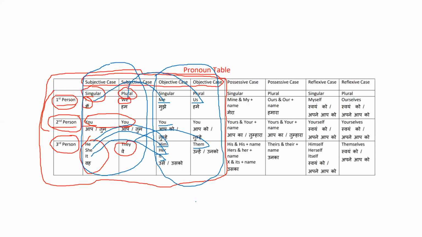And about whom we talk in a sentence, apart from first and second person, the rest are called third person pronouns. Then they can be divided into singular and plural numbers, and again into subjective case and objective case. If we need to use these pronouns before the verb, they are subjective case. But after the verb, we have to write the objective case pronoun. With some examples and exercises, we will understand this point.